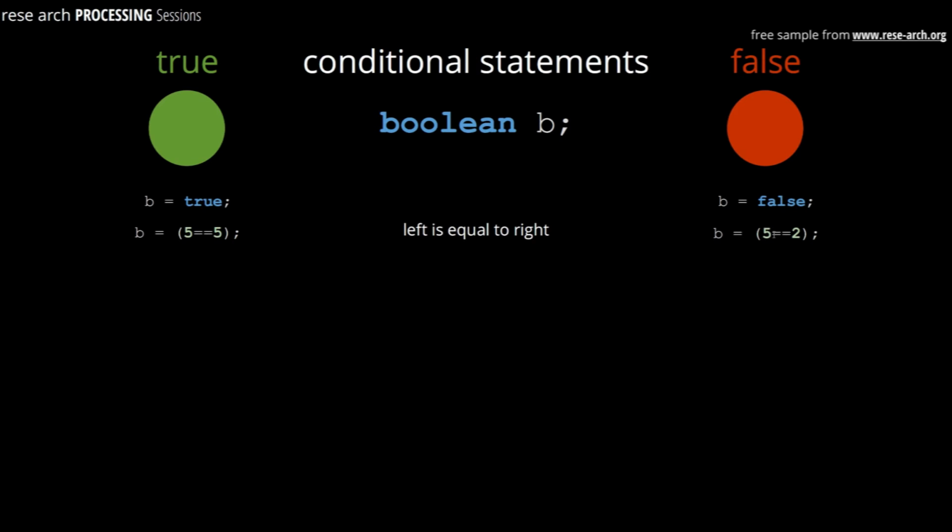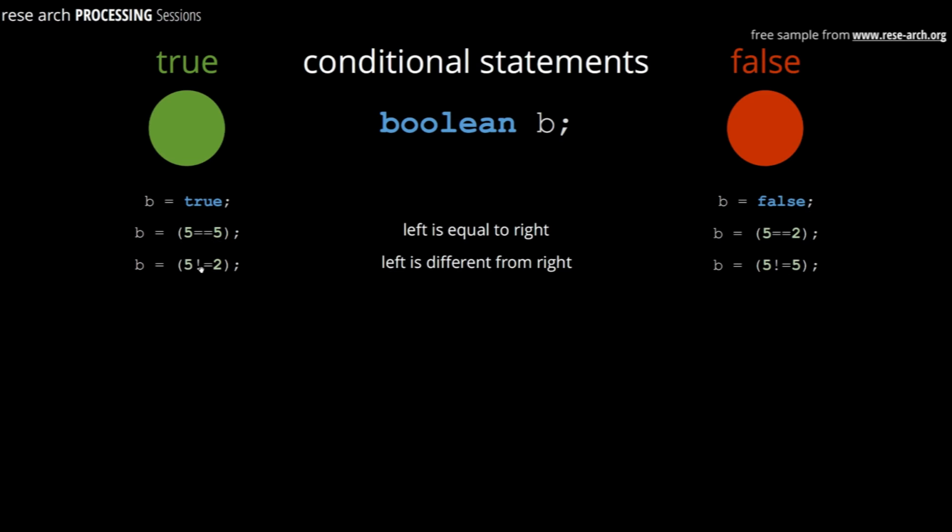So instead of 5, you will have something called x. Instead of 2, you will have something called y. And you don't know when you're programming what values are going to be inside of those variables, and you need to ask if they are equal, and you can store the answer in the Boolean variable.